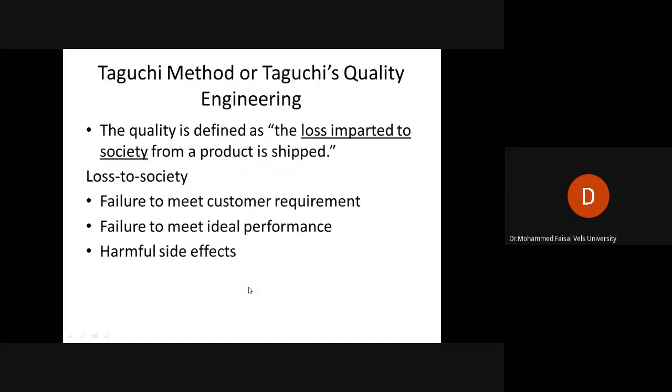Keep in mind, I want to brush up some important points which I taught on how quality started. Actually, the Japanese had nothing with them. Then they came into the market. Within a few years, they came into their own market.